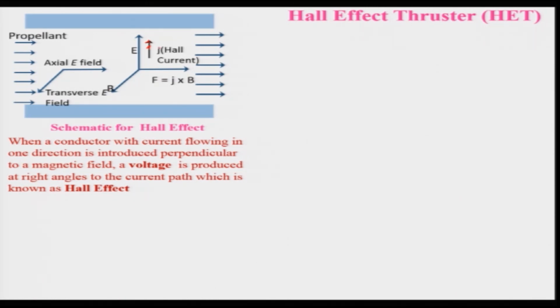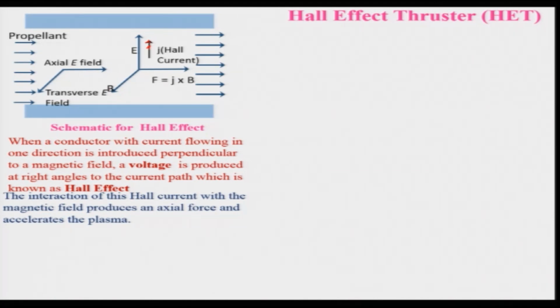So, this is your Hall current, and this Hall effect is being utilized to accelerate the propellant. The interaction of this Hall current with the magnetic field produces an axial force along this direction, this is your axial direction x, and that accelerates the plasma. This is the basic principle of the Hall effect thruster.